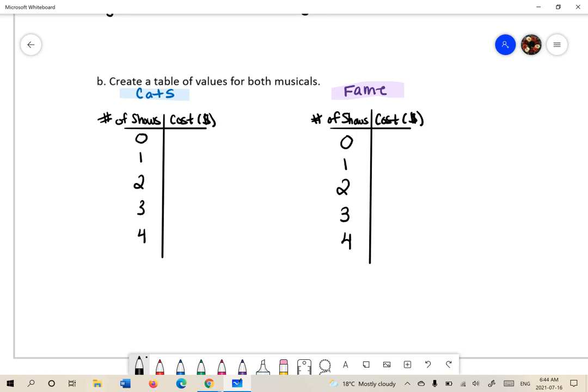My B value for Cats is 1,250, and my B value for Fame is 1,400. Using my slope, when x is increasing by 1, y is increasing by 325 for Cats.